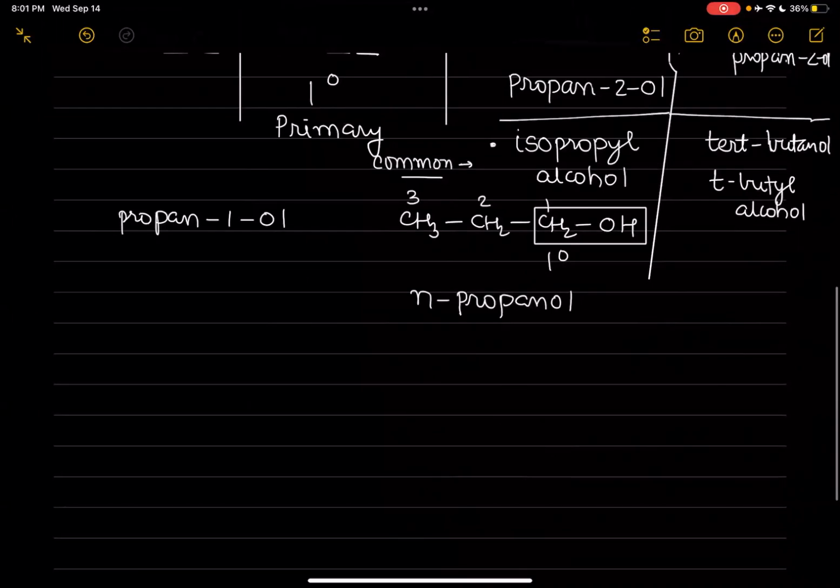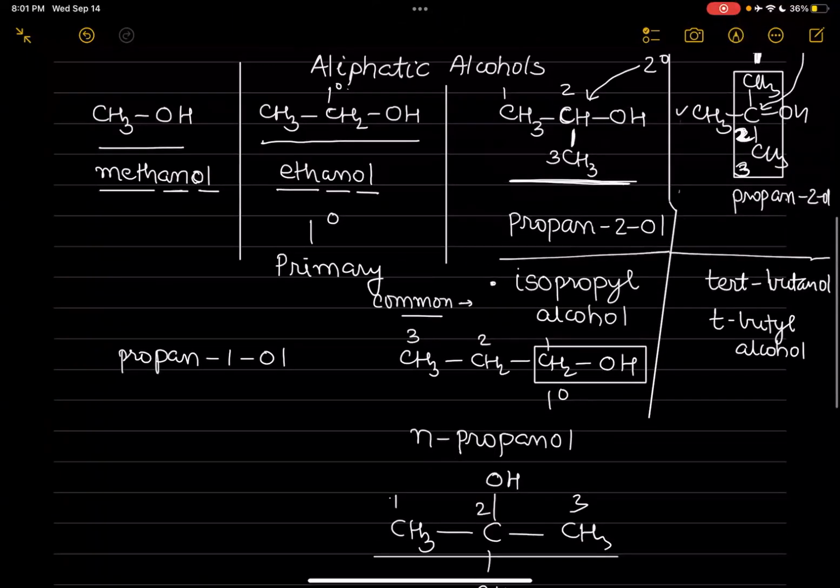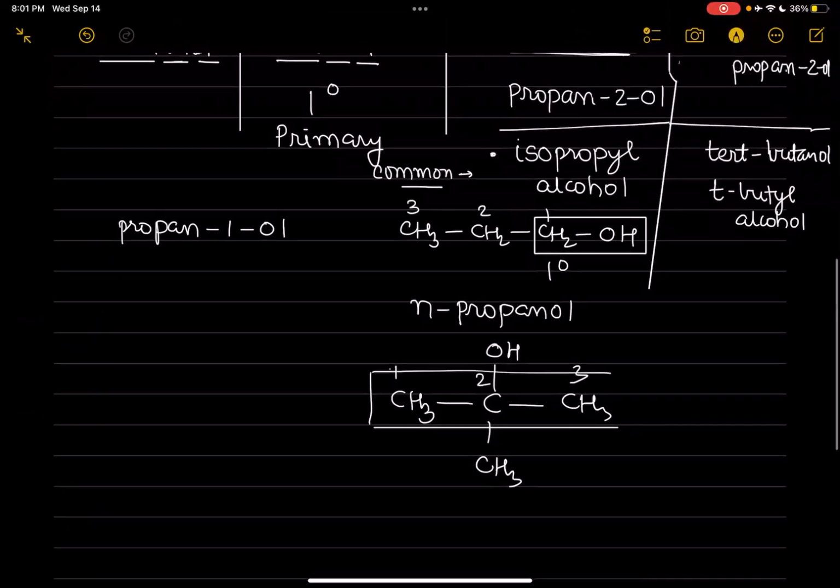Actually, it is like this. I will write it. So you start your numbering from one end to the other: 1, 2, 3. Clear? Yes, sir. So this is propan-2-ol. Propane is the main chain and ol is on the second position.